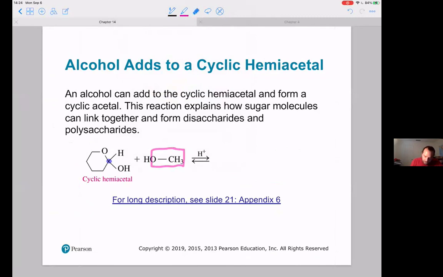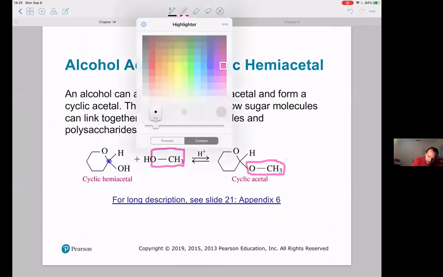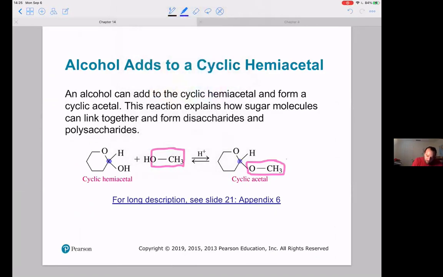Right, so our cyclic acetal would now have this group bound to that carbonyl carbon. And if we were really good, we would also include that it has H2O.